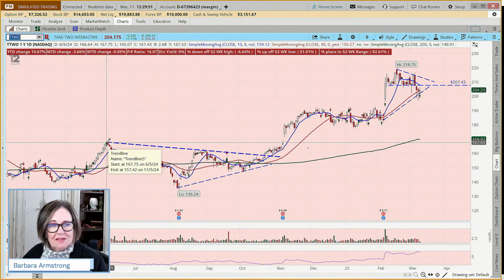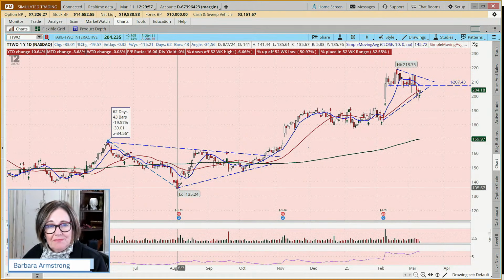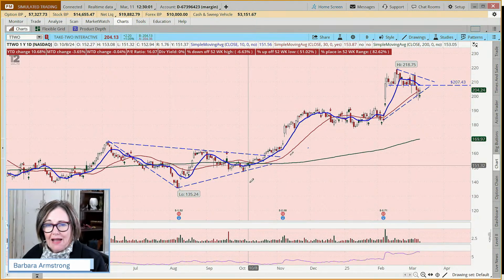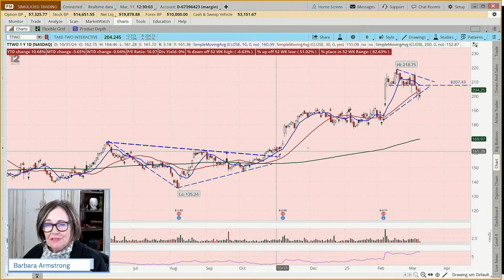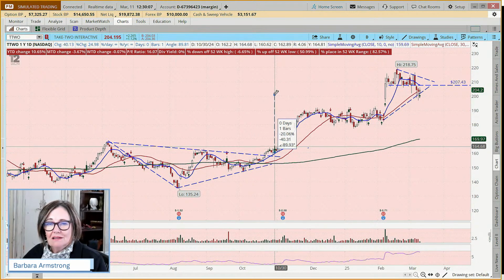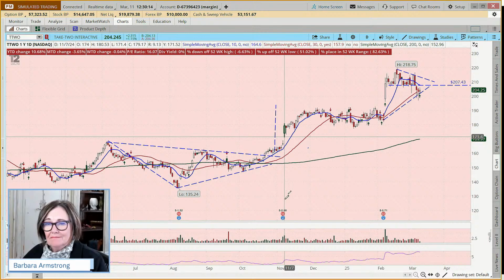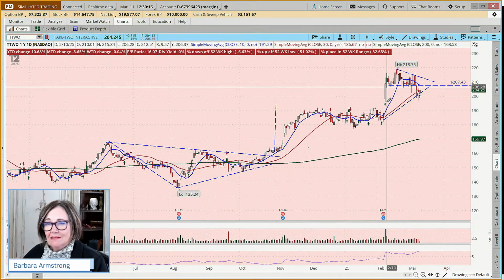And we saw how big a move. Basically a $32-ish, $33 pullback. And when it broke to the upside, did we get a $33 move to the upside? We did. Took a bit.